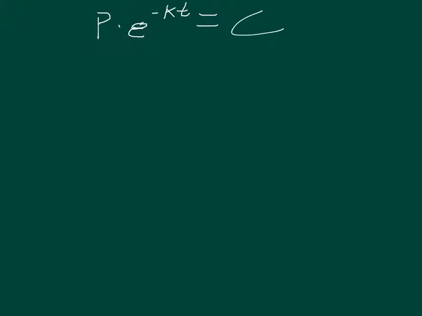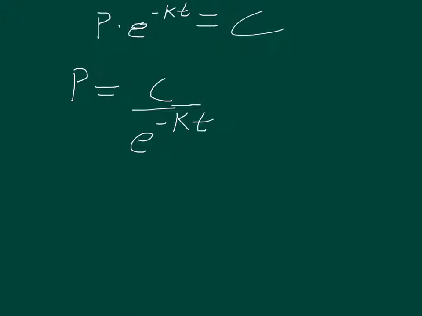And so because we want to isolate our population, because this is our function that we're looking for, we want to go ahead and divide by e to the negative kt. And so you'll have p is equal to c divided by e to the negative kt. And so we're almost there, but not quite.